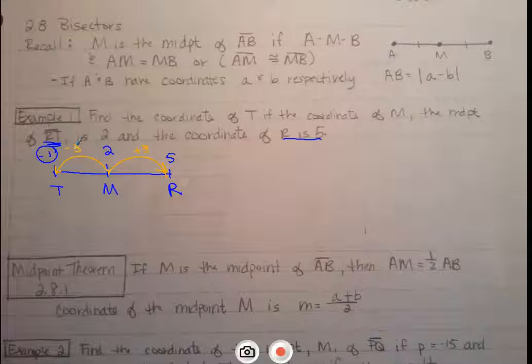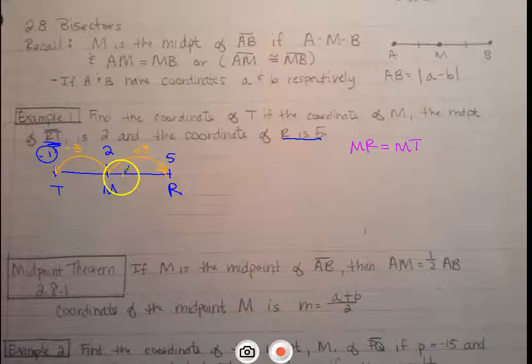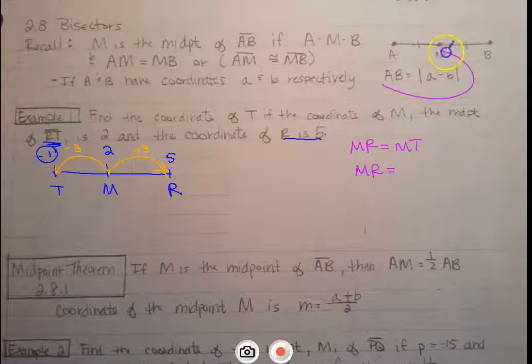Because here's the thing. We give you an easy one to start with, and then they become a little bit more difficult. So here's the thing. If we know MR equals MT, do we know that? MR is equal to MT? Perfect. Okay, then we just want to practice using this.